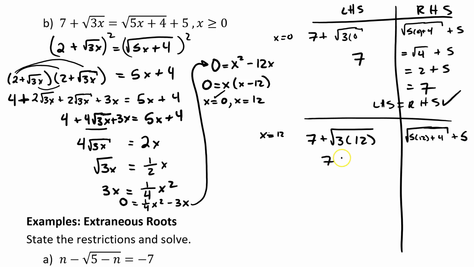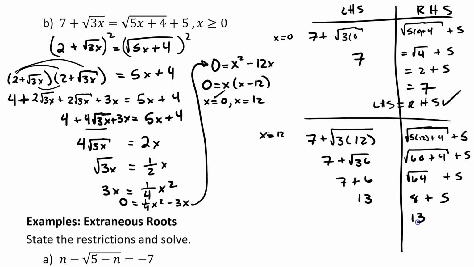So that is 7 plus the square root of 36, which is 7 plus 6, which is 13. This one right here is the square root of 5 times 12, which is 60, plus 4, then add 5. Square root of 64 plus 5, 8 plus 5 is 13. Left-hand side equals right-hand side. Woohoo!